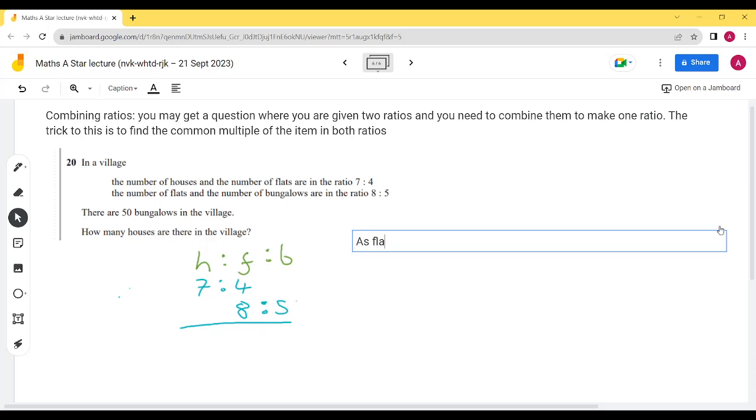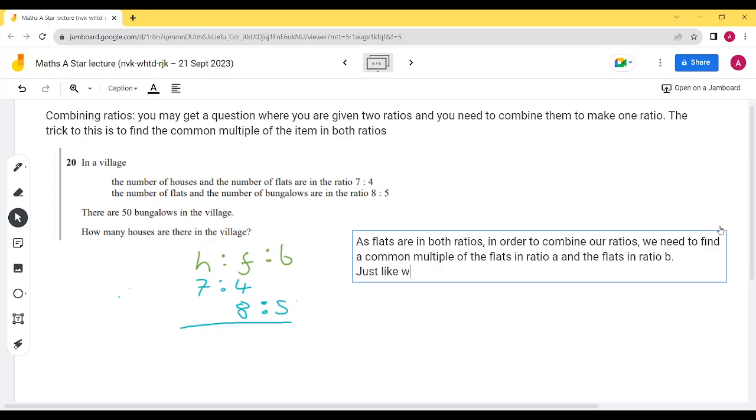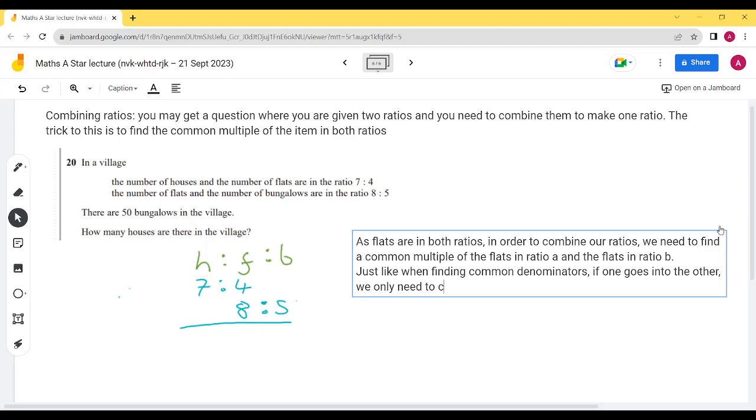So as flats are in both ratios, in order to combine our ratios, we need to find a common multiple of the flats in ratio A and the flats in ratio B. Just like when finding common denominators, if one goes into the other, we only need to change one ratio.